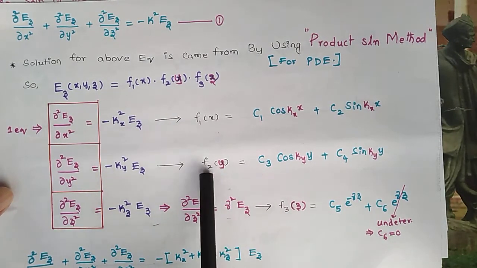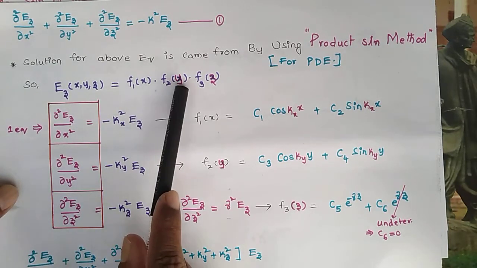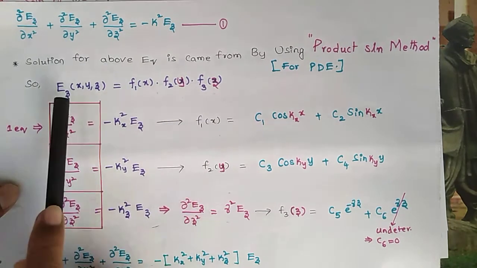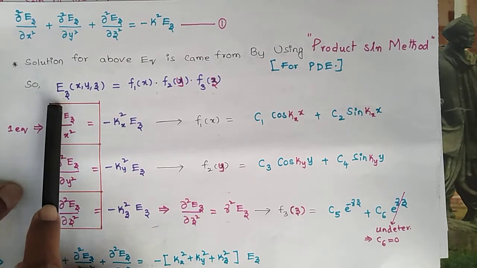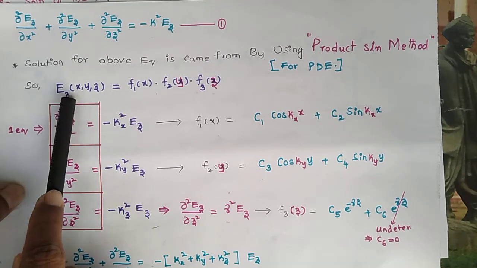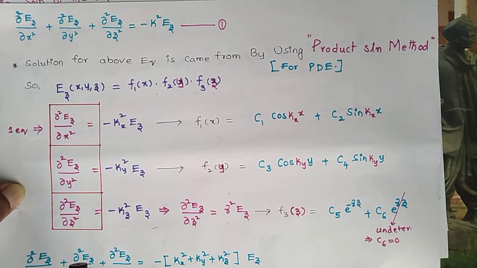So the solution is f1 of x into f2 of y into f3 of z. I am considering that my wave is propagated along the z direction, but I am deriving only the Ez. Why? Because I need the Ez and Hz values. After that, I have to find Ex in terms of Ez and Hz, Ey in terms of Ez and Hz, and similarly Hx and Hy in terms of Ez and Hz. So we need the Ez and Hz values.